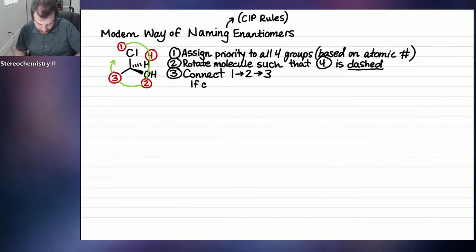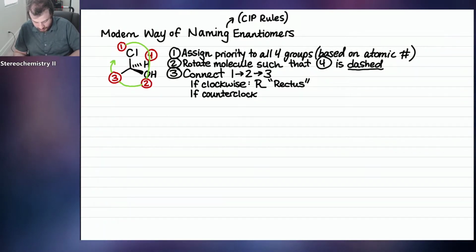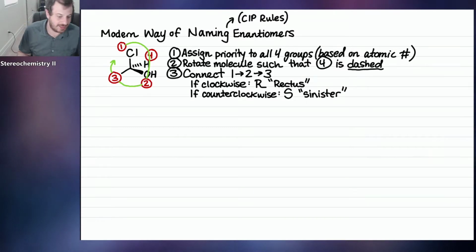If the connections are clockwise, we would call this R, for rectus, a Latin word. I think it means clockwise. And then if counterclockwise, we call that S, from the Latin word sinister, which means to the left.